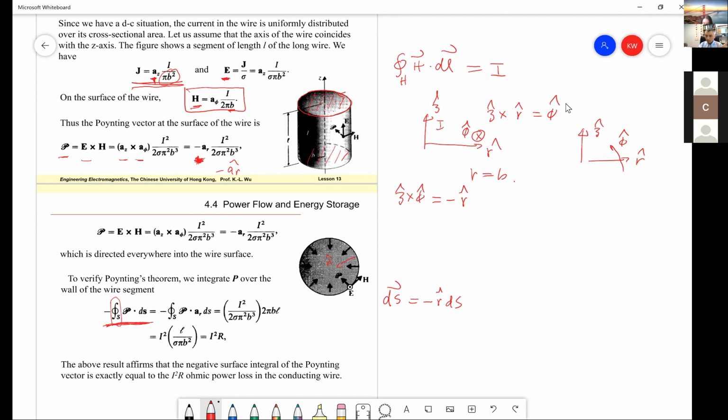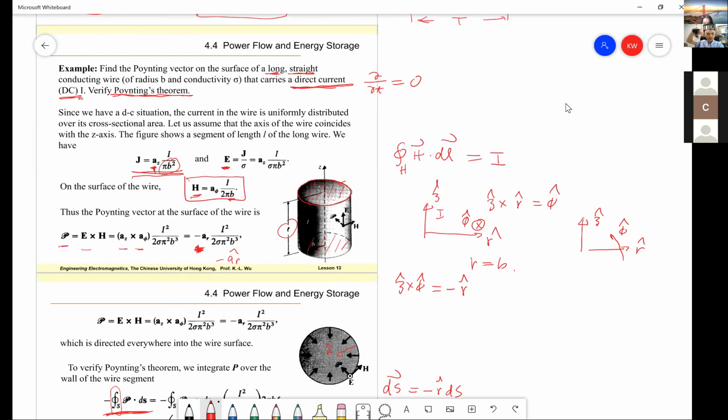The side surface equals 2 pi times b, the radius, which is the total length of the periphery, times L, the total height of the cylinder.